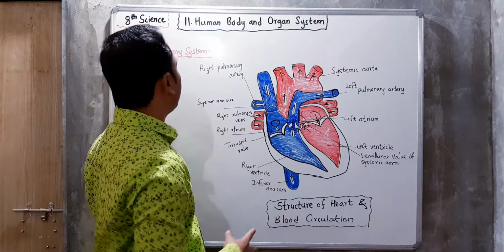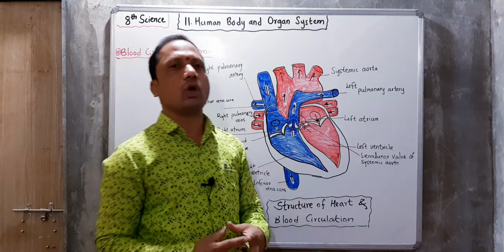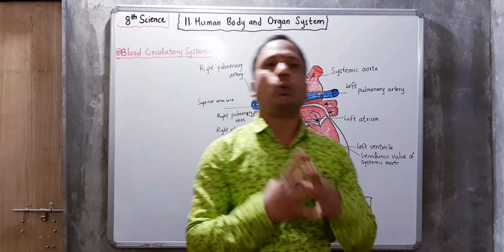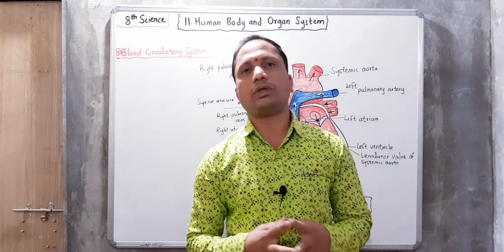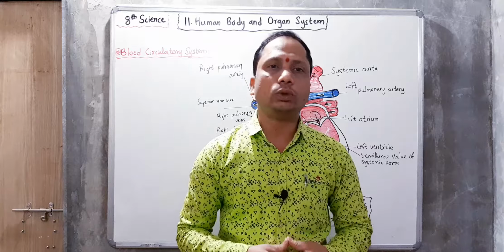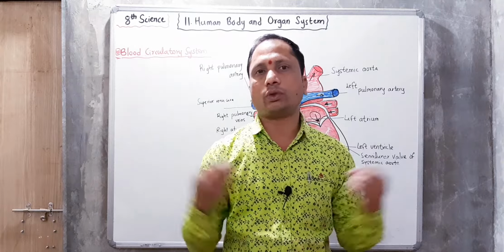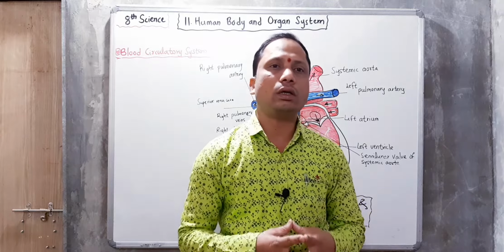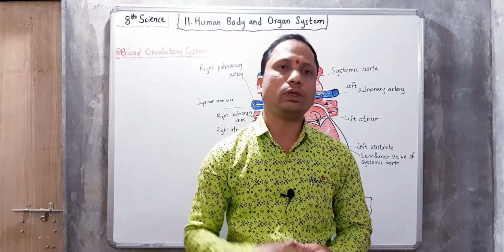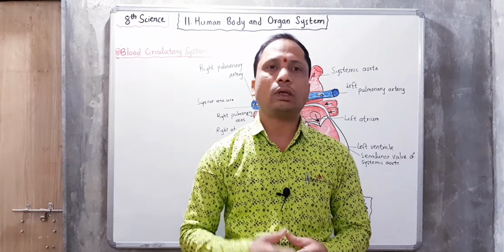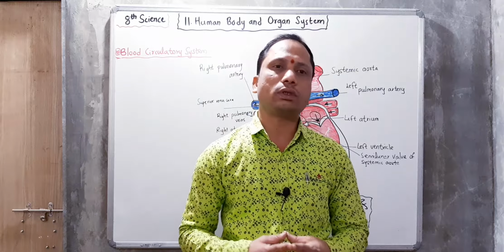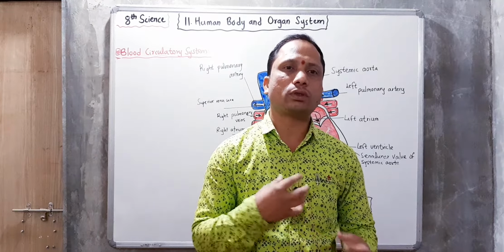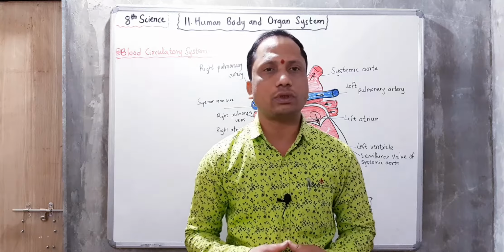So these are some parts of the heart, and all these parts combined work as the blood circulatory system, and they circulate the blood throughout the body. The heart is an involuntary cardiac muscle, an independent muscle which performs all its functions very efficiently.